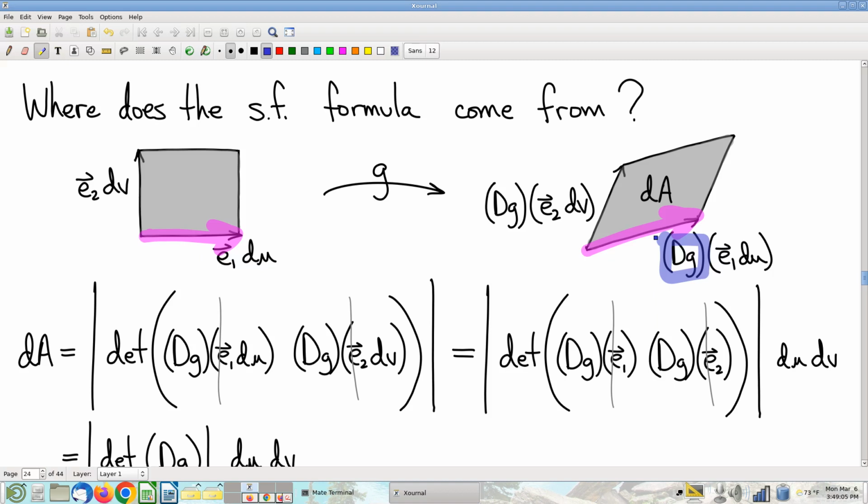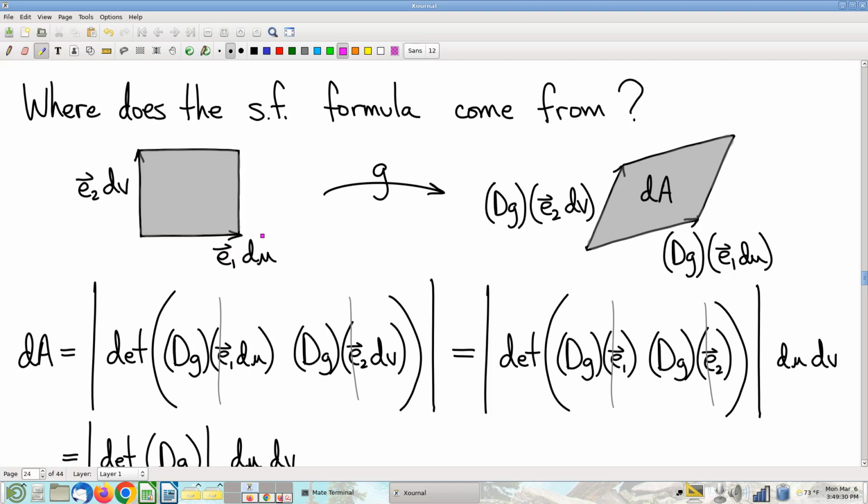So the derivative matrix is literally then what I multiply by my input vector to get my output vector. And I think it's a pretty easy pitch that this input vector, let me focus on this input vector, notice it's in the E1 direction. It's horizontal. That's in the E1 direction. Its magnitude is du because it represents a width of du. So as a vector then, this is E1 du.